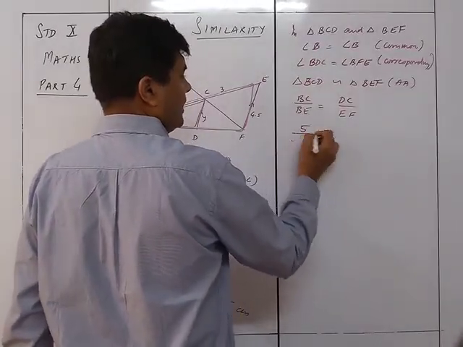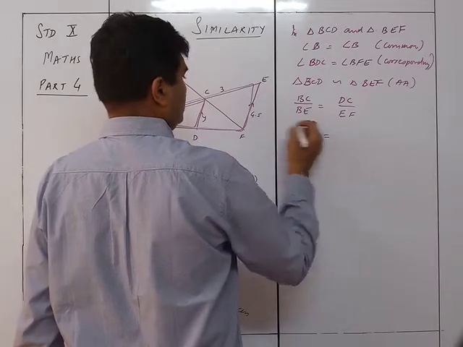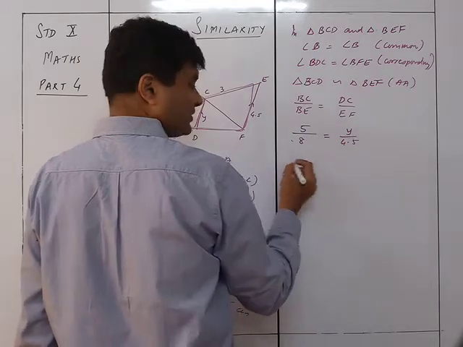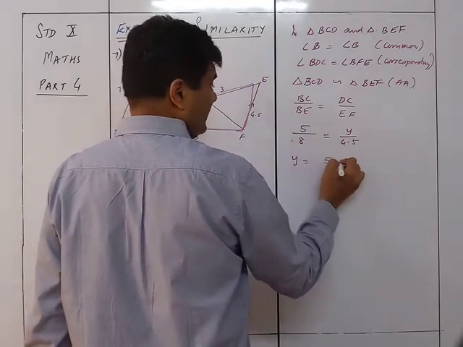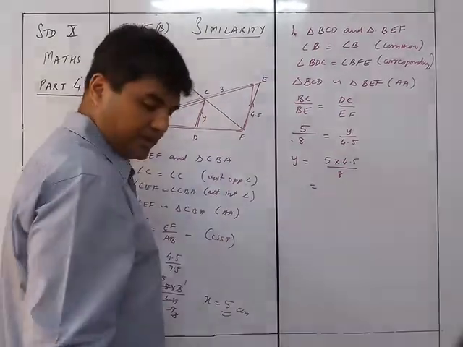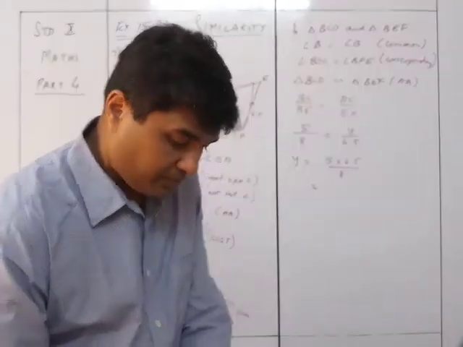So 5 upon 8 is equal to Y upon 4.5. So Y is equal to 5 into 4.5 upon 8. Okay, though that will be in decimal points again.